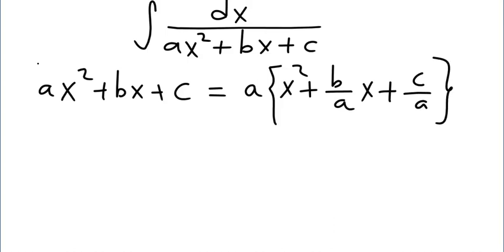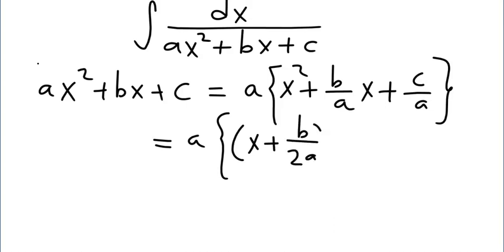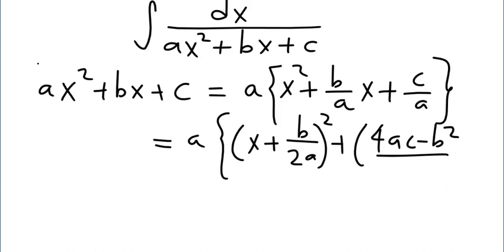Now this term can be further rephrased by completing the square of the terms in the square bracket, in the curly bracket. And that's going to give you x plus b over 2a squared plus 4ac minus b squared over 4a squared.